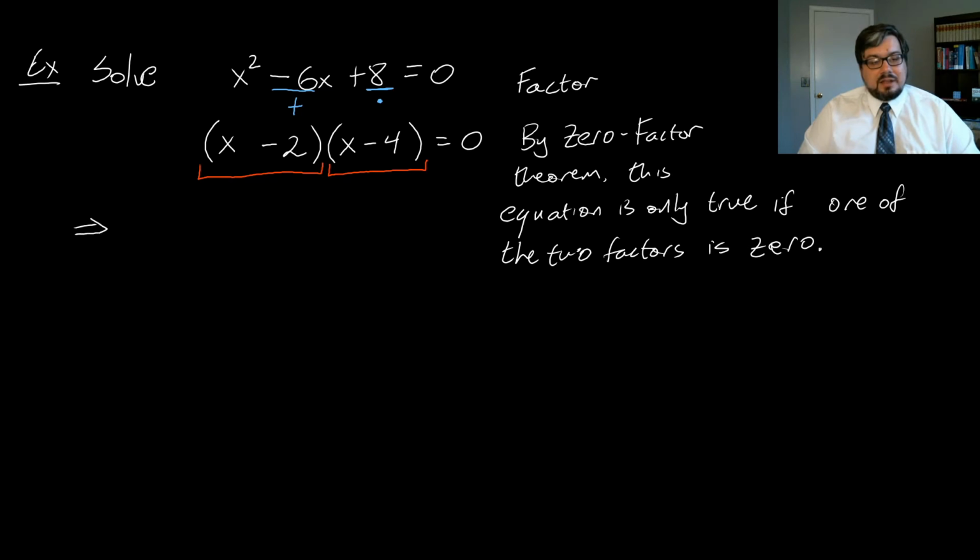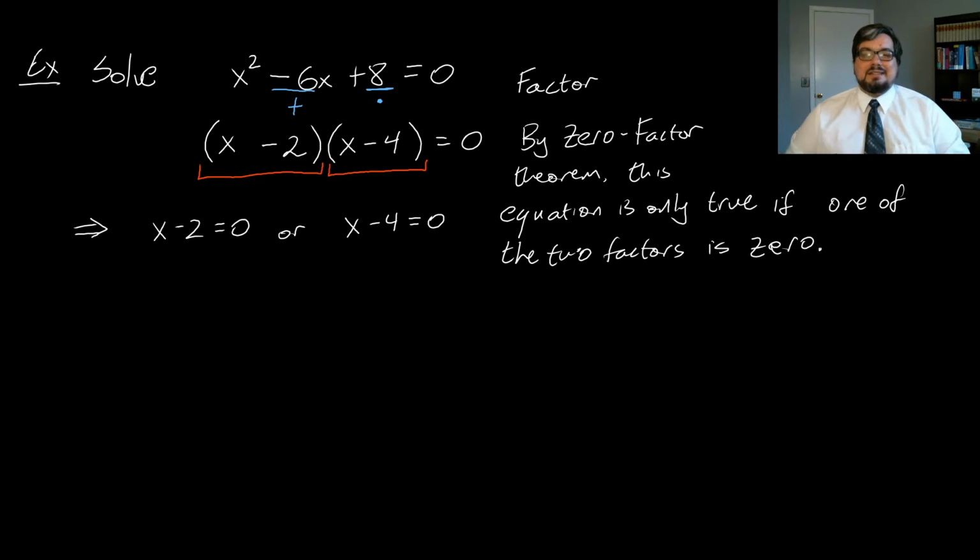We can say, therefore, x minus 2 equals 0, or x minus 4 equals 0. And this is where the power of the zero-factor theorem, combined with factoring, helps us out. We started with a single equation that had a degree 2 polynomial in it, a quadratic polynomial. Then we factored, and we used the zero-factor theorem to split things up.